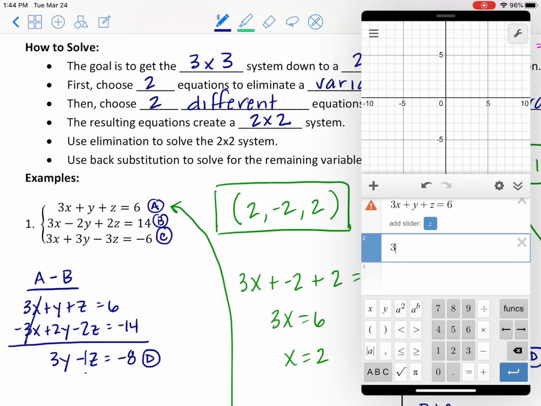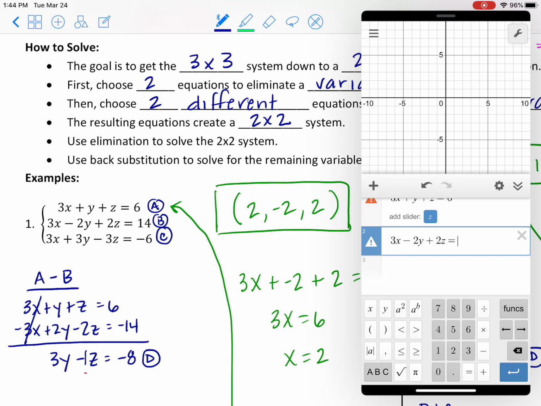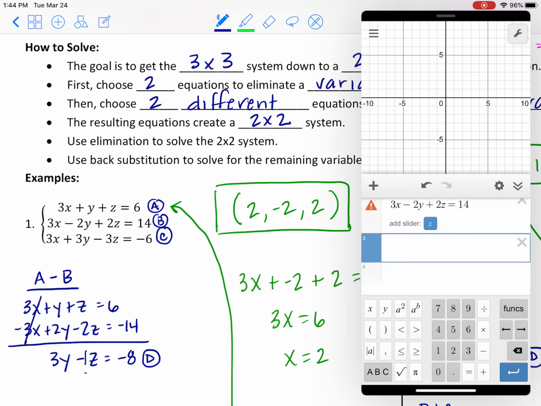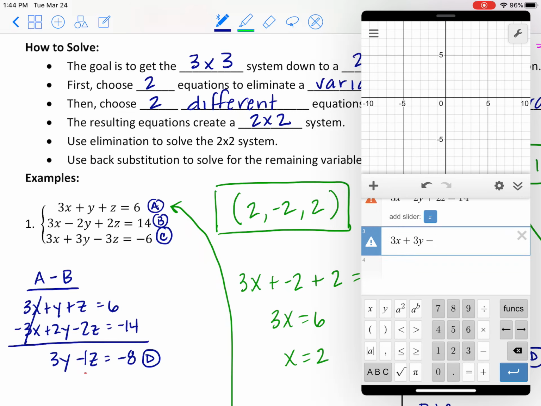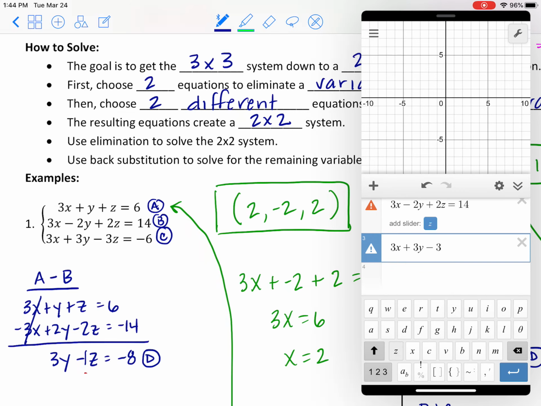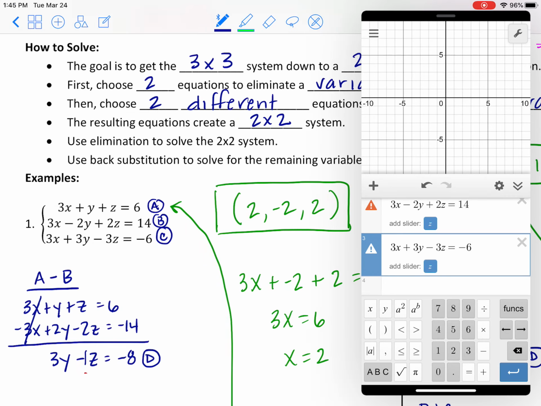Okay, next line, next equation. 3x minus 2y plus 2z equals 14. Next line, next equation. 3x plus 3y minus 3z, and that's going to equal -6.